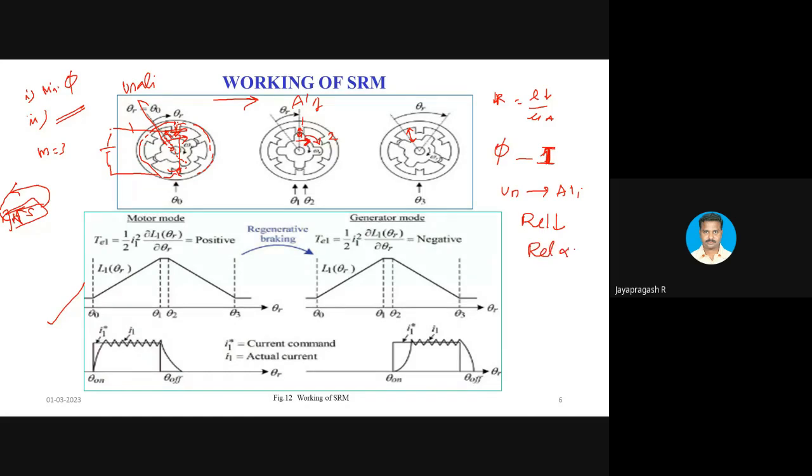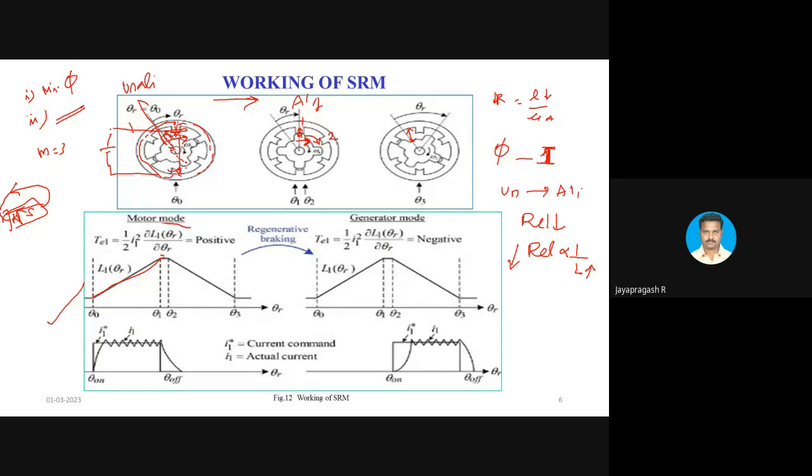Reluctance is inversely proportional to inductance. When the reluctance decreases, inductance will increase. Look at this profile. This is the inductance profile of a switched reluctance motor. At the unaligned position, reluctance is maximum and inductance is minimum, whereas at the aligned position, reluctance is minimum and inductance is maximum. So you get a rising inductance region.